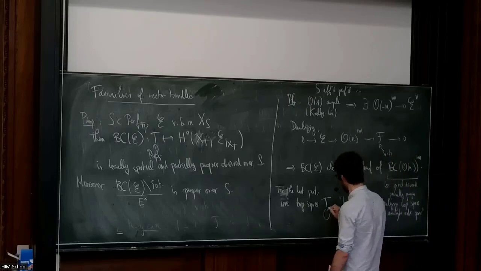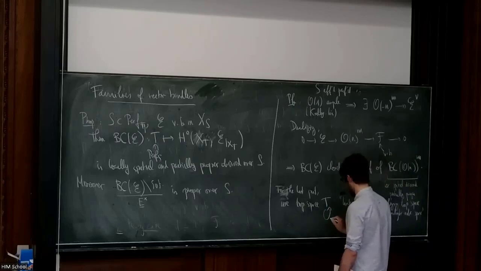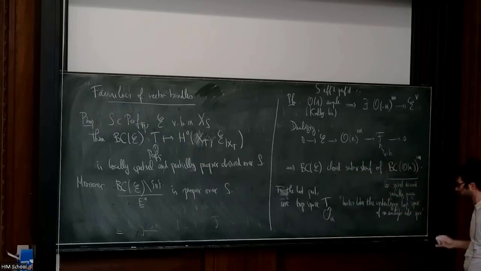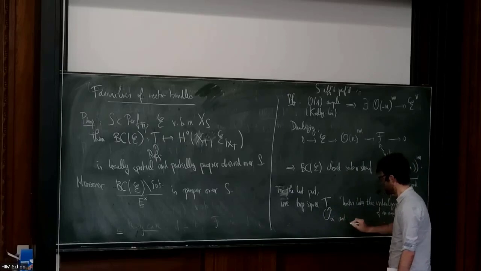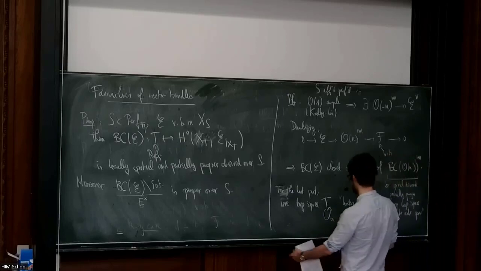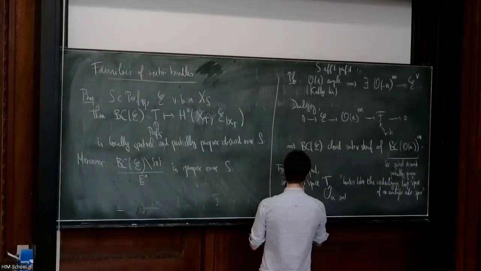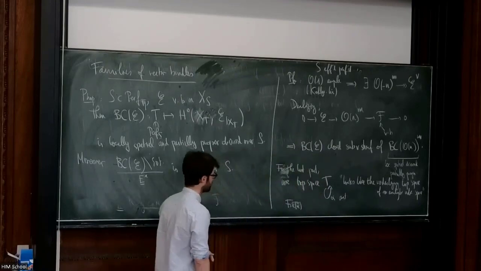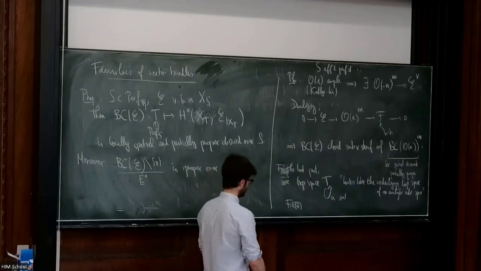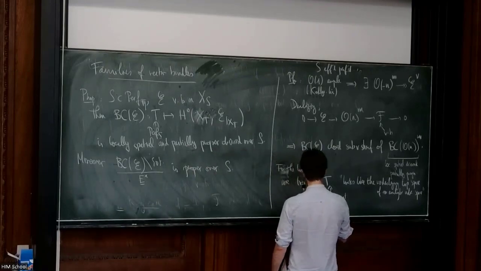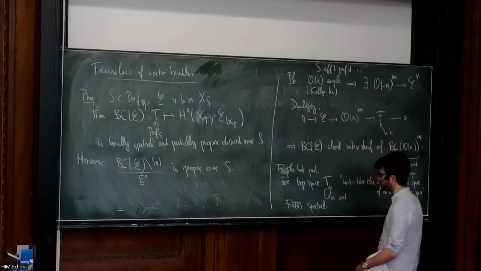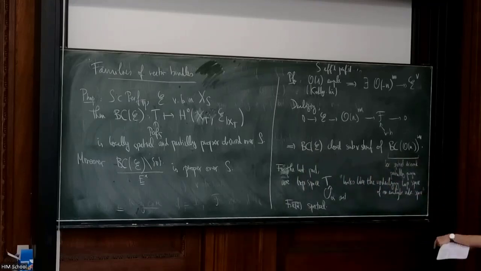And you have some automorphism alpha of this topological space such that the fixed point of alpha, which is a subspace of T, is spectral, so in particular quasi-compact.